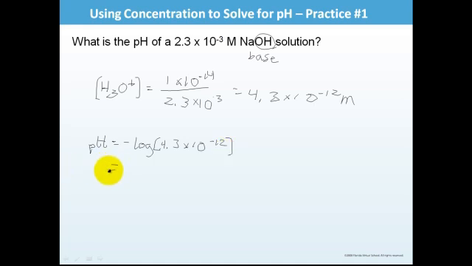And that would give us a pH of 11.4. All right, so we end up with a value greater than 7, which tells us it's basic. And again, at the beginning, we said we had a base, so our answer makes sense. Always want to check to make sure those answers make sense.